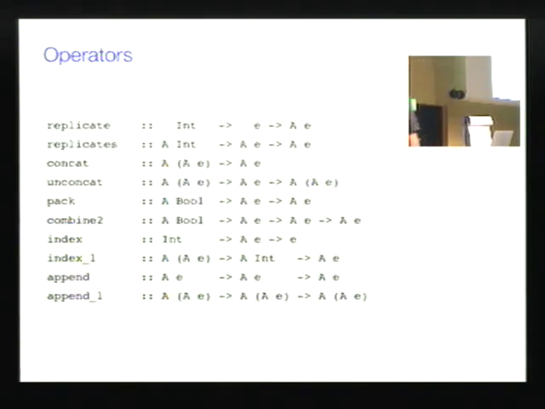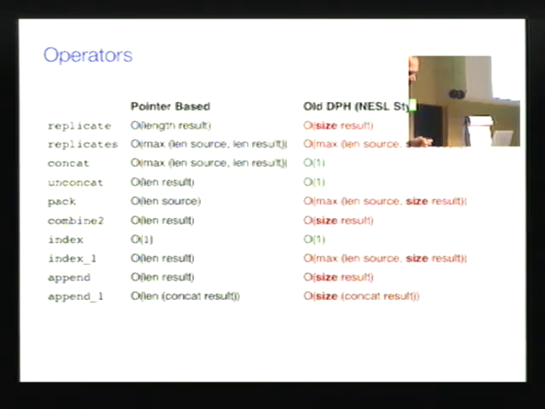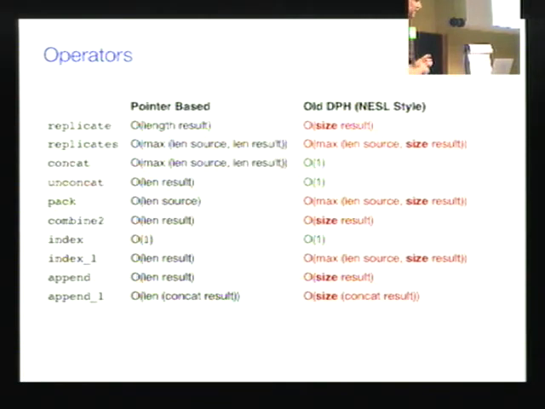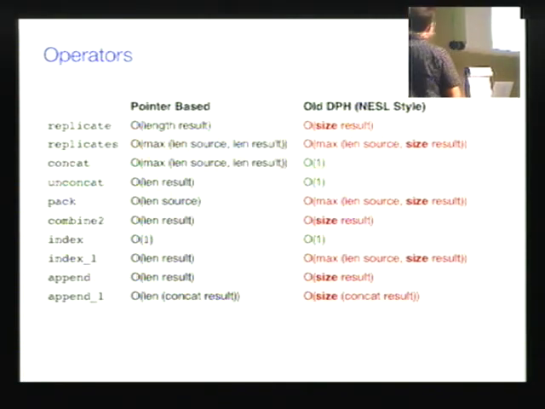Alright, so what we did when faced with this problem is that we looked at the operators we had to implement and then just cast around for a different array representation. So here are the type signatures of the key operations that we have to implement to compile vectorized programs. And here are the complexities which the Nestle-style nested array representation gives us. And you can see that they're all worse than if we had used a pointer-based representation.